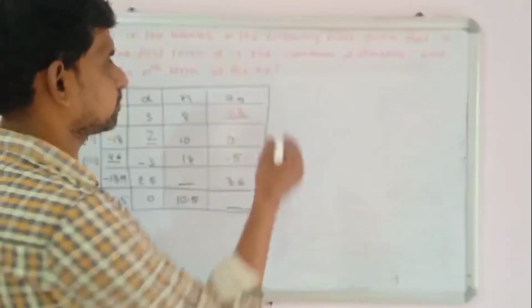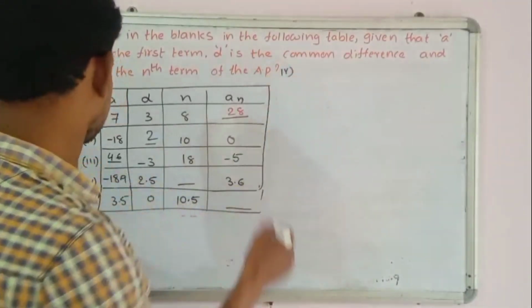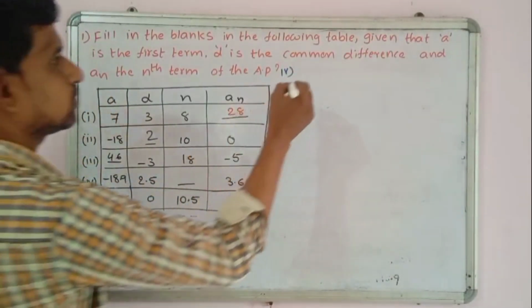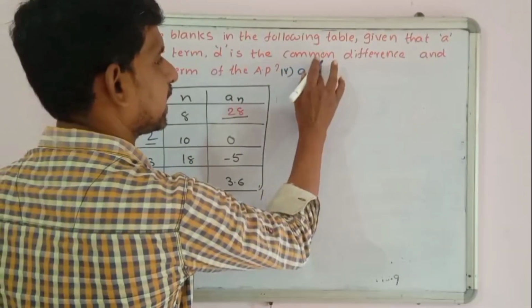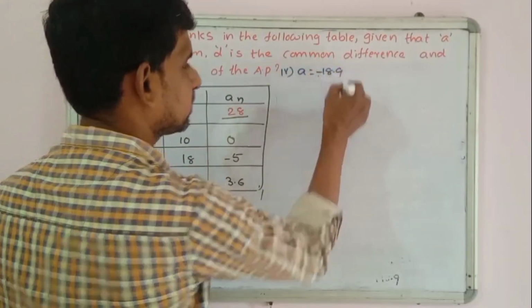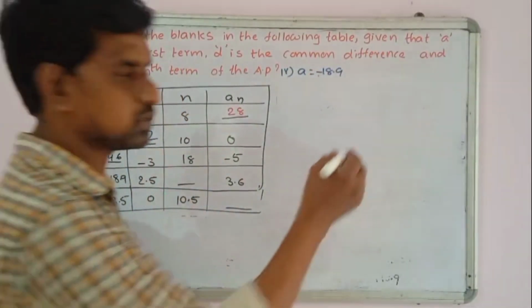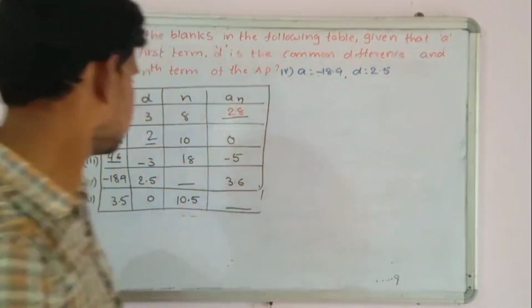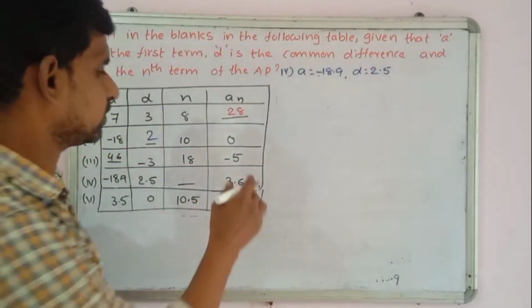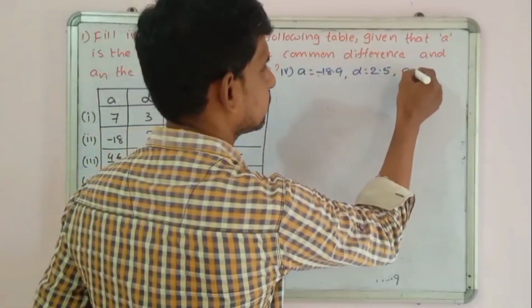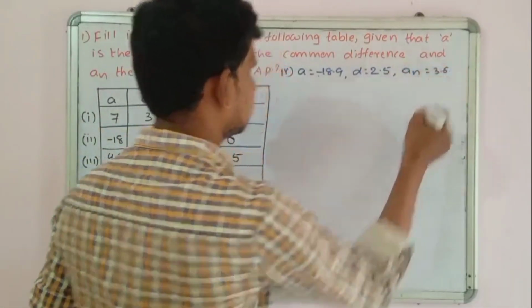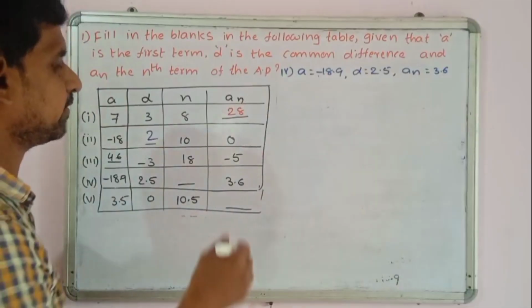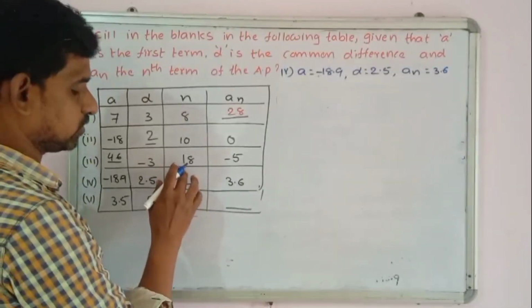Problem 4. a equals minus 18.9. d equals 2.5. an equals 3.6. We will find the n value.